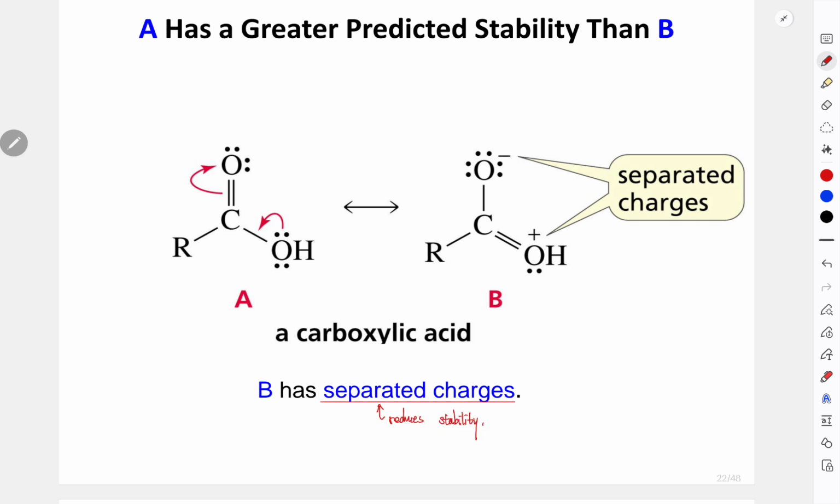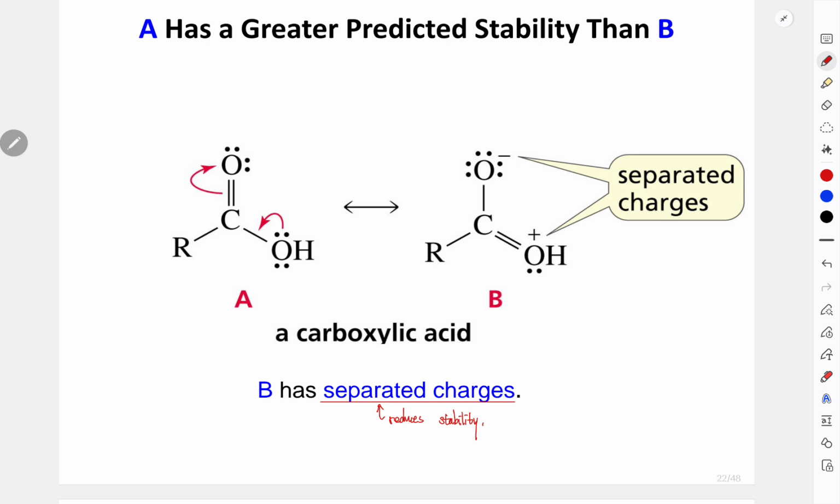Which one's contribution is larger? You can think of the degree of contribution from each contributor to the resonance hybrid. So comparing A and B here, you can tell A has a greater predicted stability, thus a greater contribution to the resonance hybrid than B.